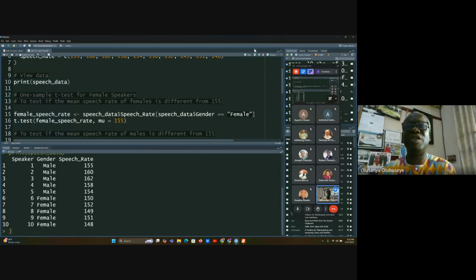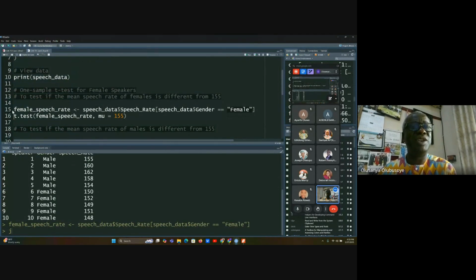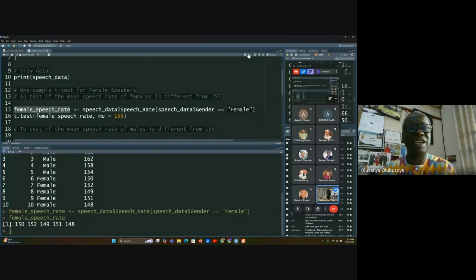If you run this, you may even want to see the data. It has selected only the data for the females: 150, 152, 149, 151, 148. That's the female speech rate.